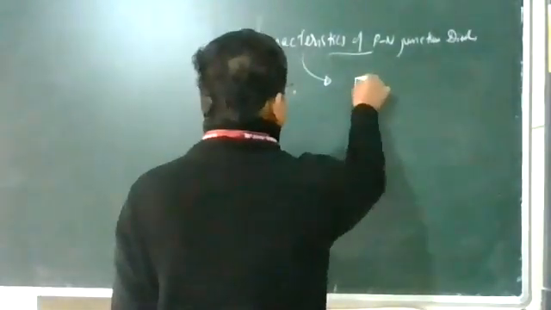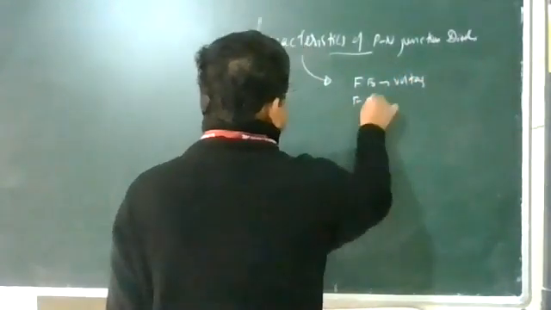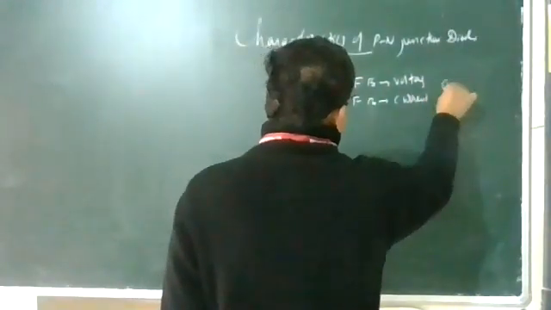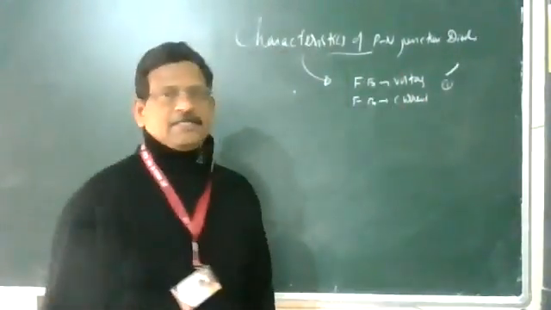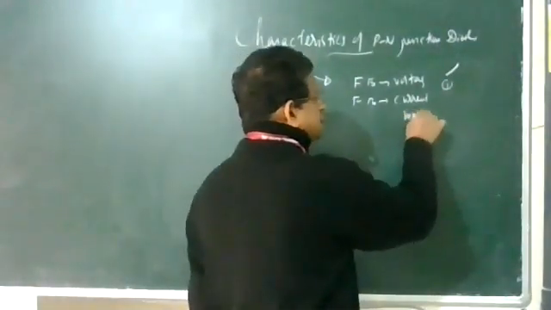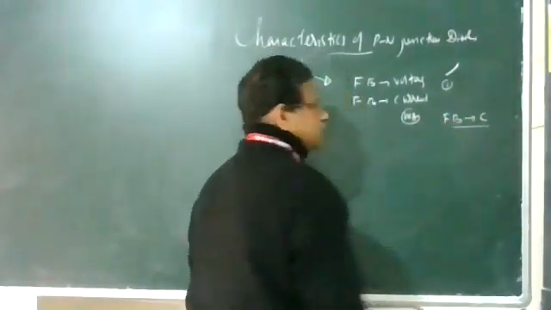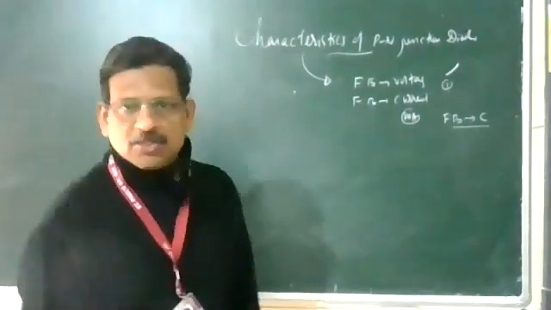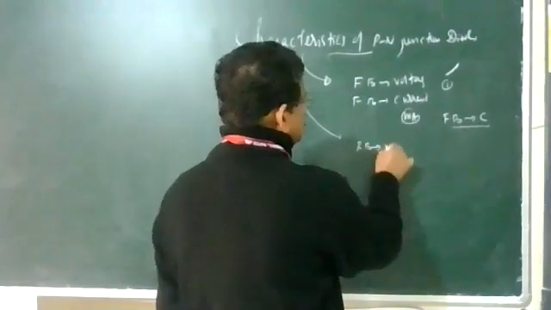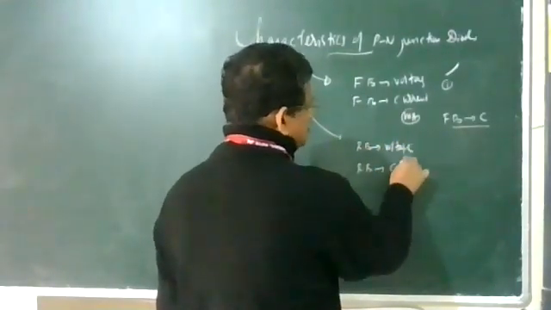So we have forward bias voltage, FB voltage, and we get FB current. The graph between forward bias voltage and forward bias current, usually in milliampere, is called the forward FB characteristic. The second one is reverse bias voltage and reverse bias current.